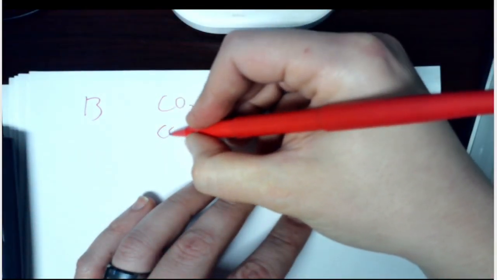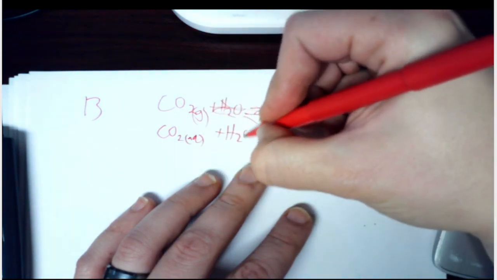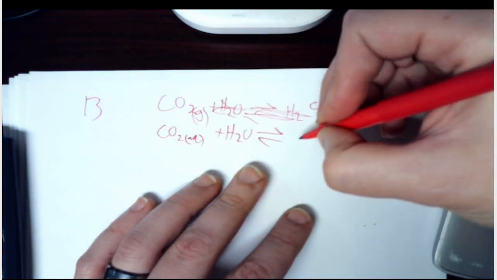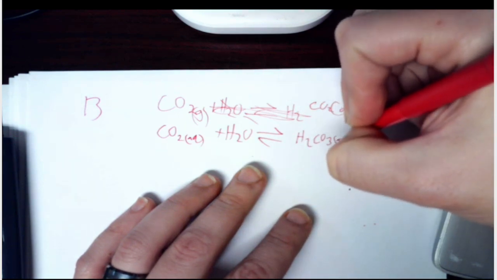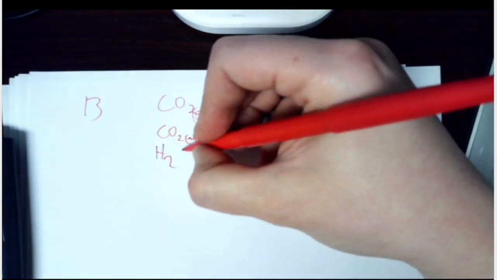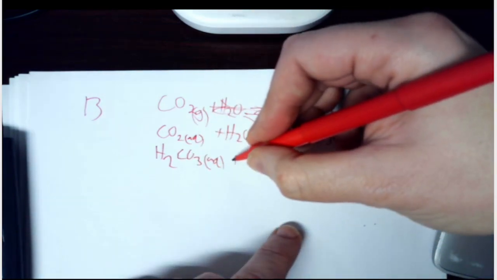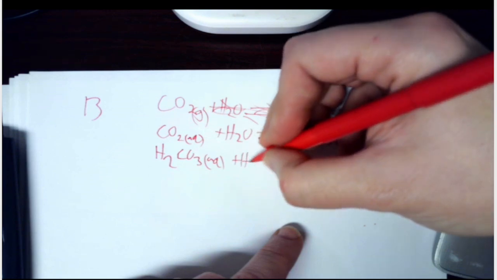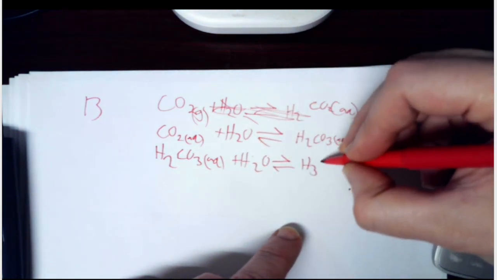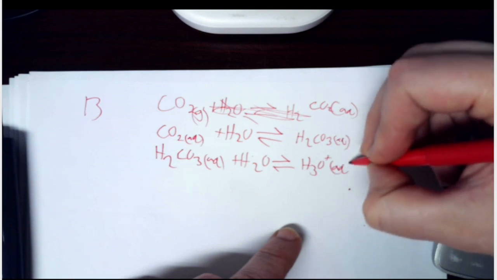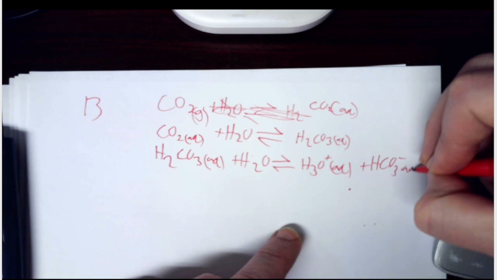Then CO2 aqueous plus water goes to H2CO3 aqueous, and H2CO3 aqueous plus water goes to H3O plus aqueous and hydrogen carbonate aqueous.